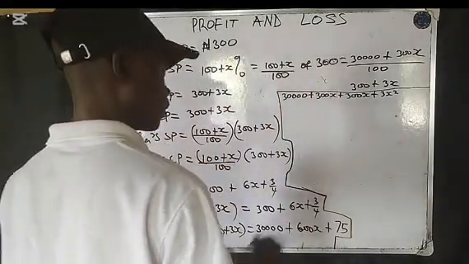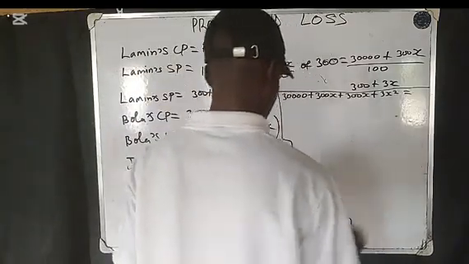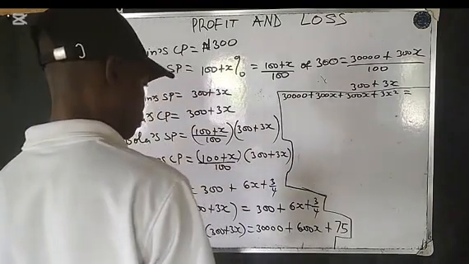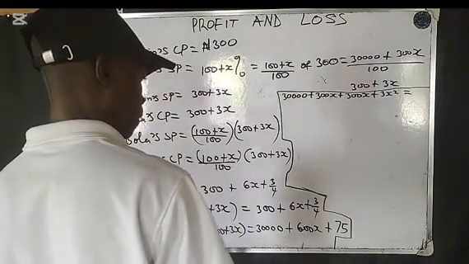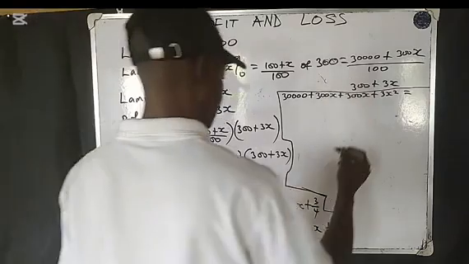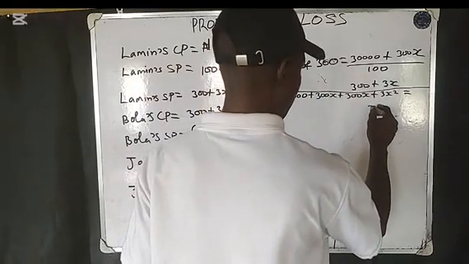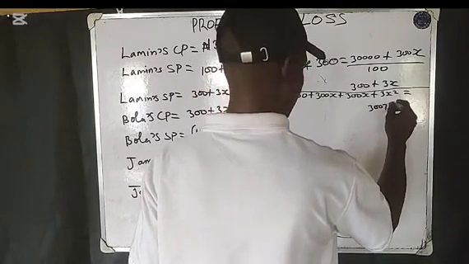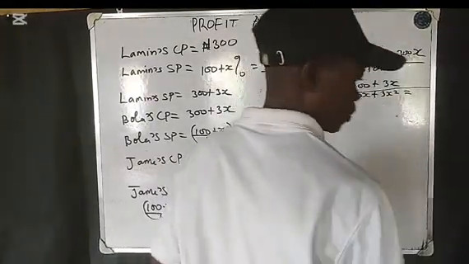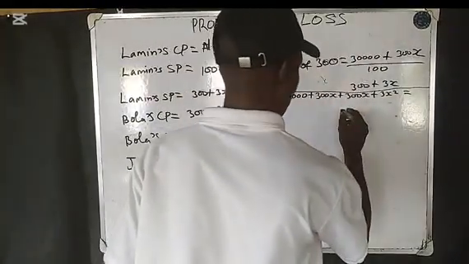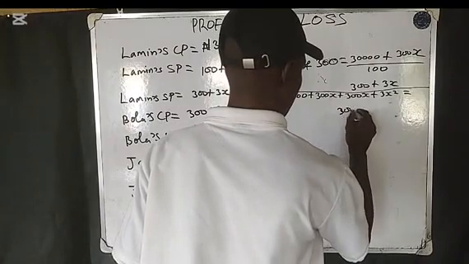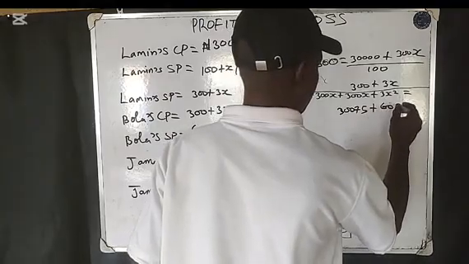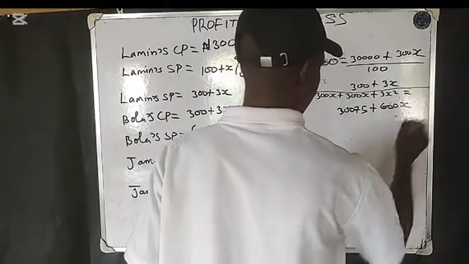Equals what? This plus this will give you 375, right? Plus 600x, right?